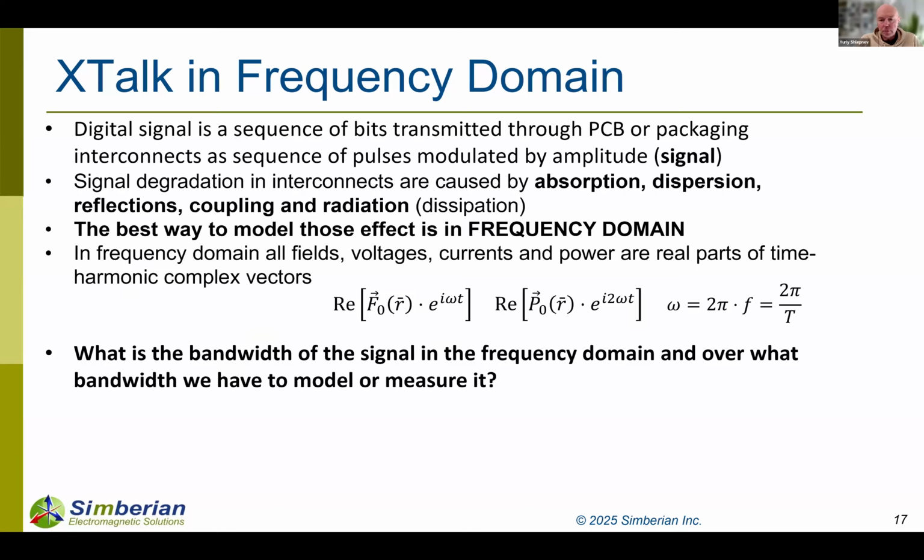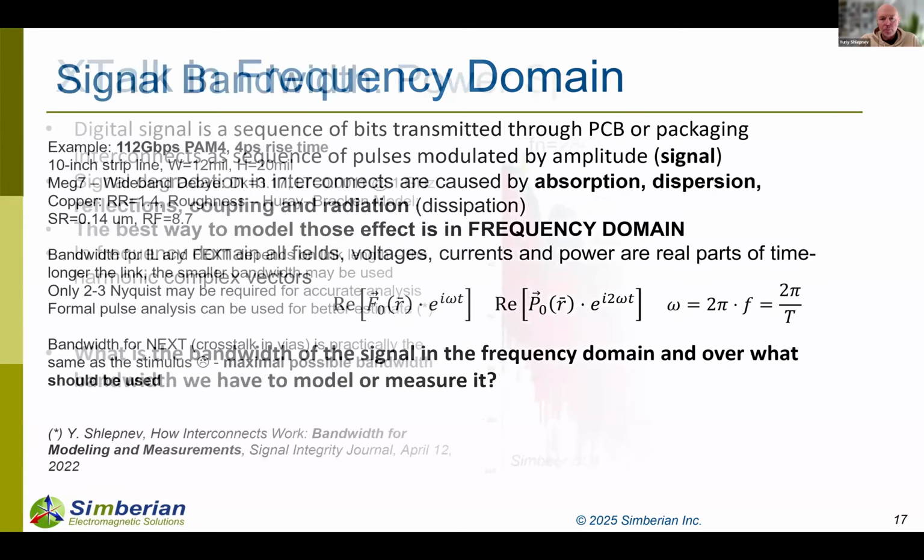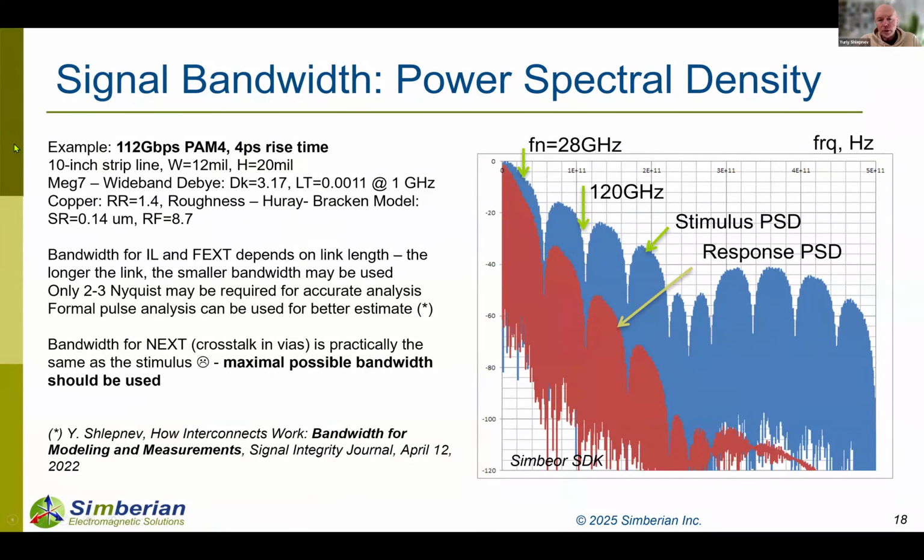But to start with this analysis, we have to know what the bandwidth is in the frequency domain. To illustrate how the bandwidth can be defined, I use the power spectral density of a signal, 112 gigabit PAM4 with a 4 picosecond rise time, with all other parameters shown here. And you can see that the original spectrum, blue, is really kind of wide.